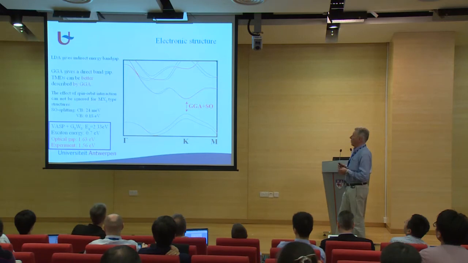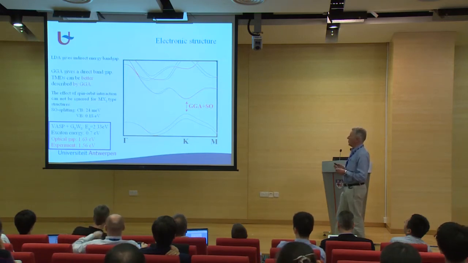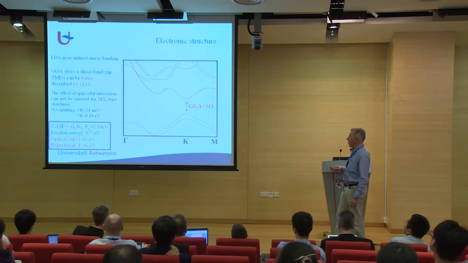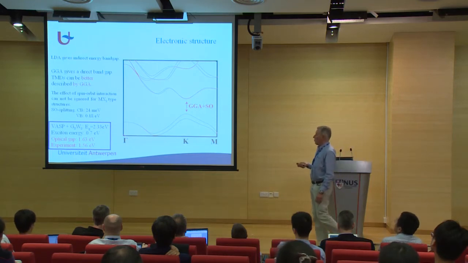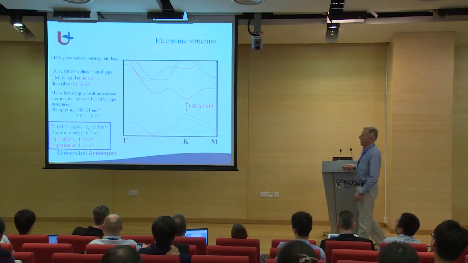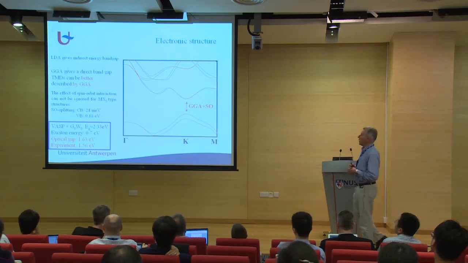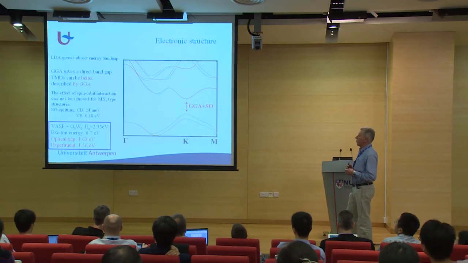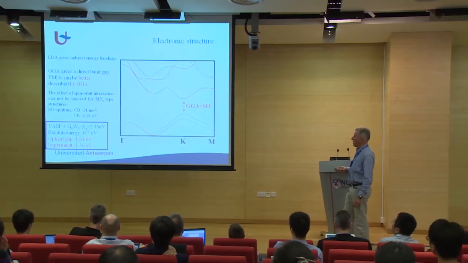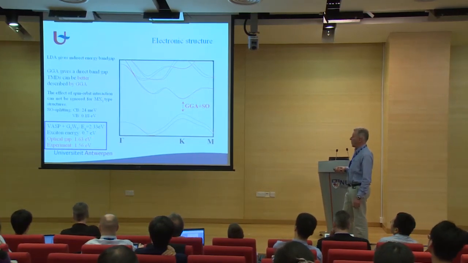Then, if you want to get the band gap correct, what we did is we did this G0W0. You get a band gap of 2.33 eV. Then, in order to compare with the optical gap, you have to include the exciton energy, and that we estimated at about 0.7 eV. So you get an optical gap of 1.6 eV, which compares rather well with what was found experimentally.